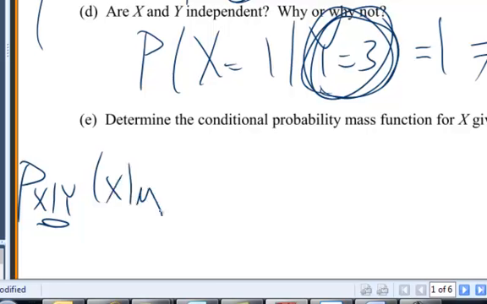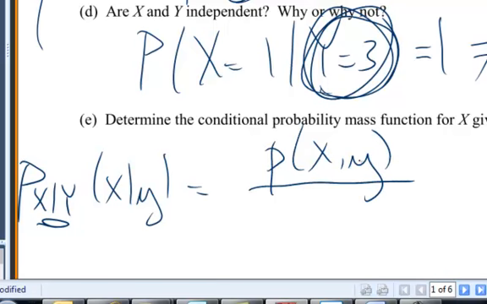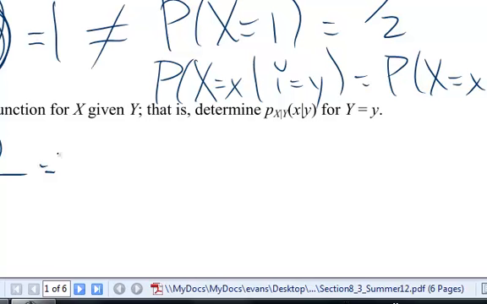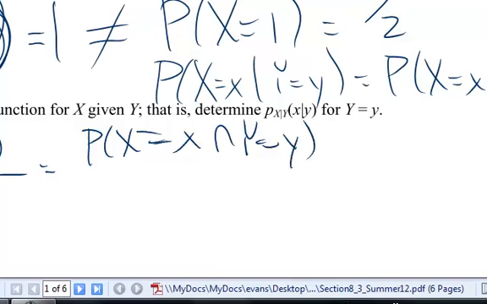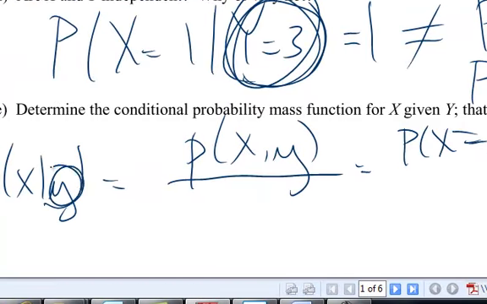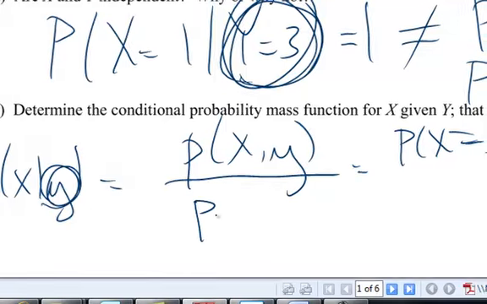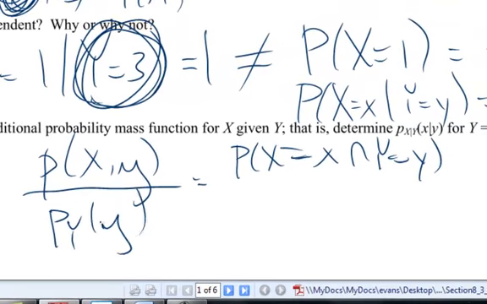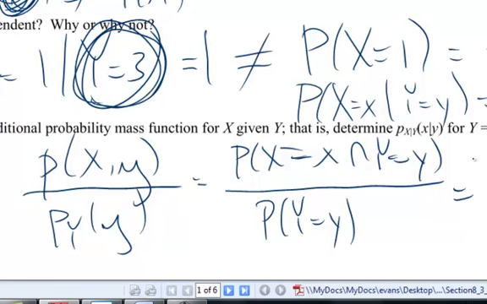By definition, this is the joint, which is the probability that x is x and y is y, divided by the marginal on the bottom, the probability that y is y. So down here is just the probability that y equals y. So on top we have the joint.